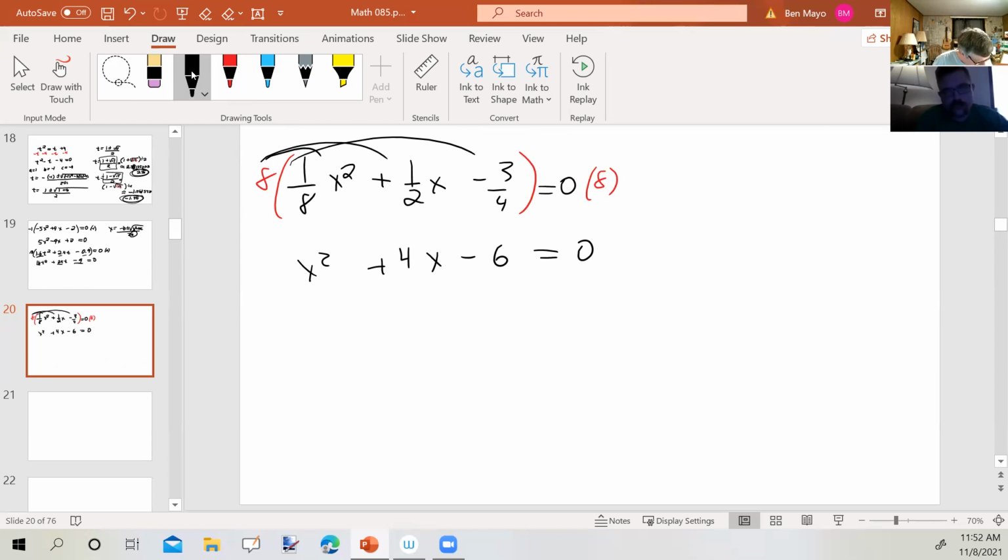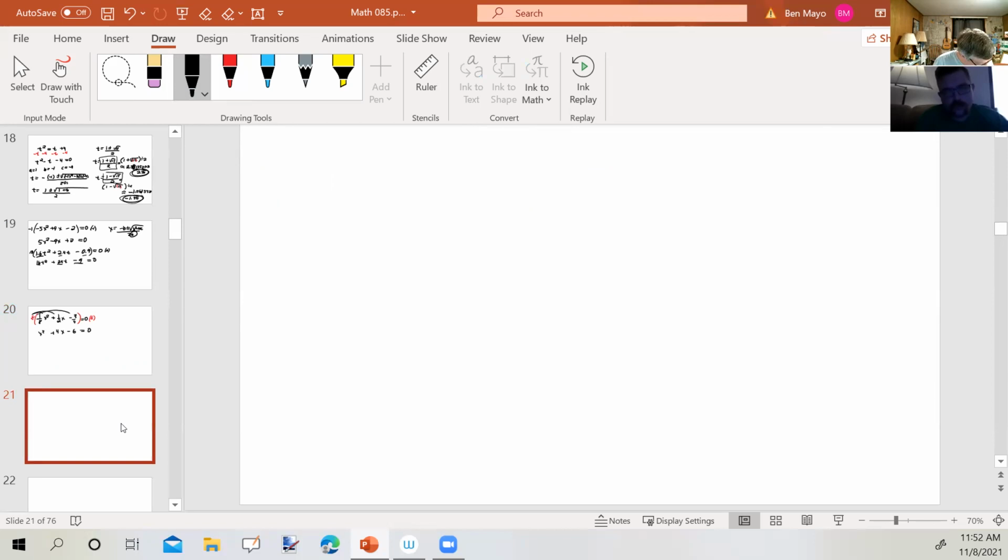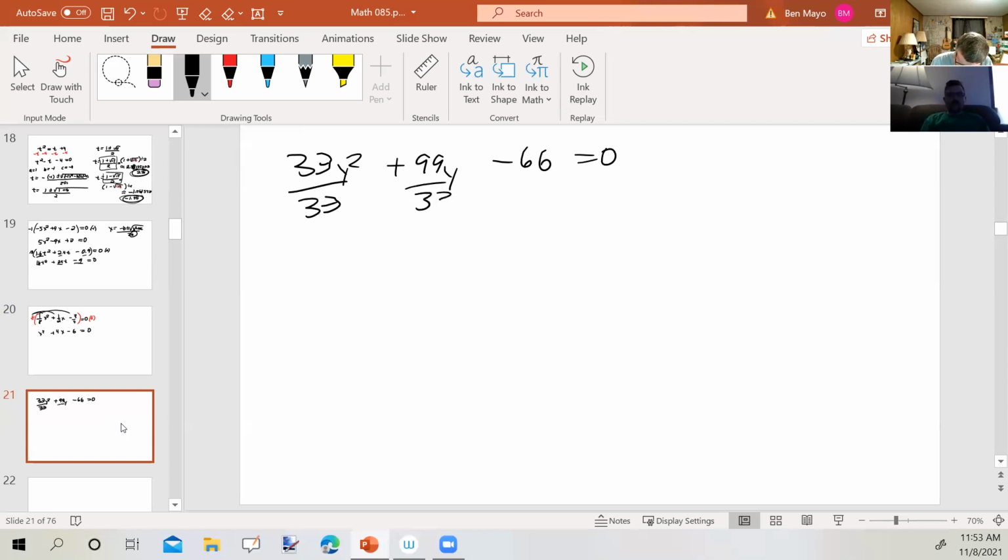All right. And finally, let's say you've got something like this, 33y squared plus 99y minus 66 equals 0. Well, the first three terms all share a common factor of 33. So we could either factor out a 33 or we could just divide both sides by 33 and we get y squared plus 3y minus 2 equals 0.